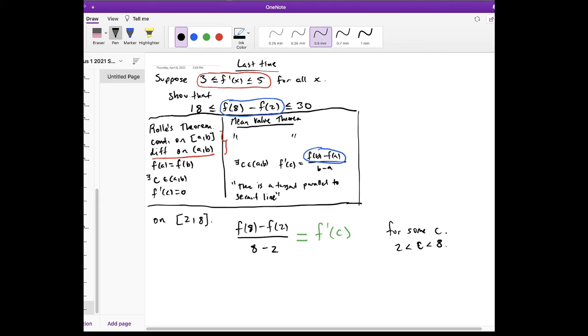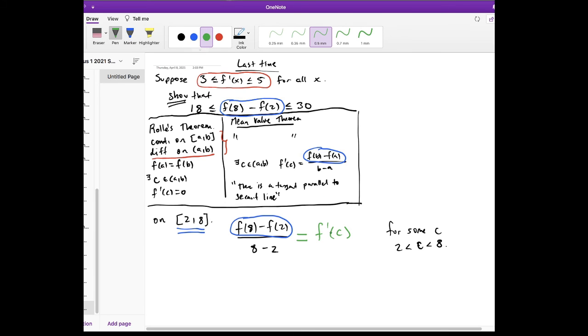Let's read the supposition. Not 18 and 30, that's what we want to show. Using this, we're going to do something with this. Not 2 and 8, right? 2 and 8 are the interval.